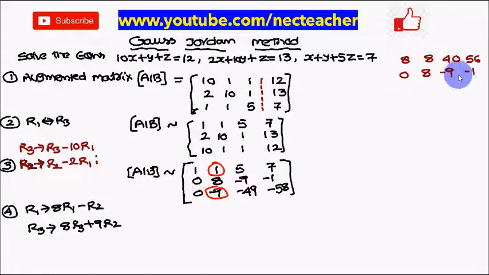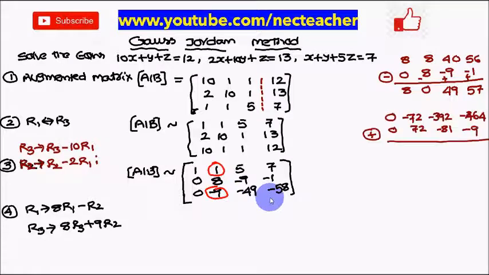Subtraction: 8 minus 0 is 8, 8 minus 8 is 0, 40 and this minus will become plus, 40 plus 9 is 49, 56 plus 1 is 57. Similarly 8 times R3 is 0, 7 minus 72, minus 392, minus 464. That I have written here.